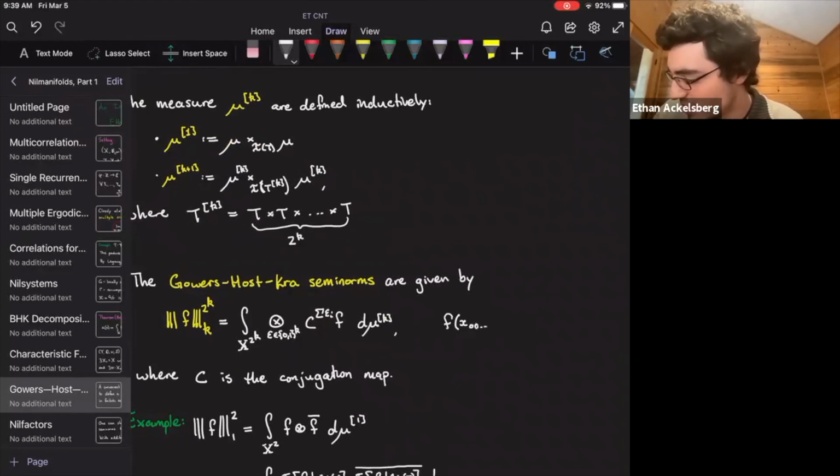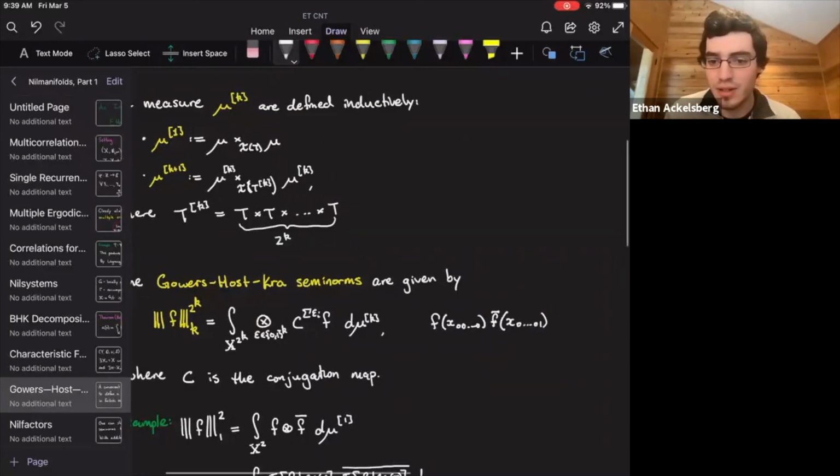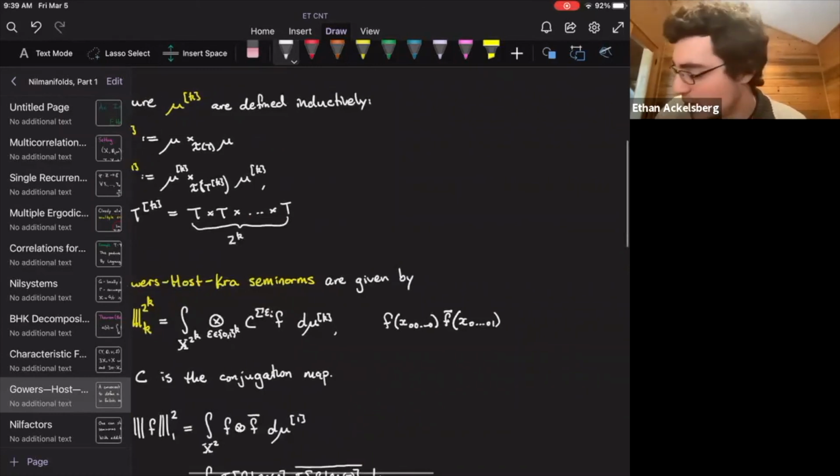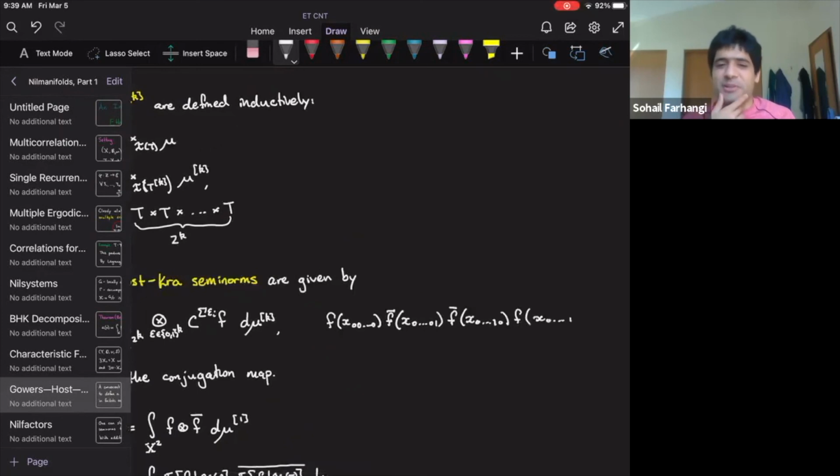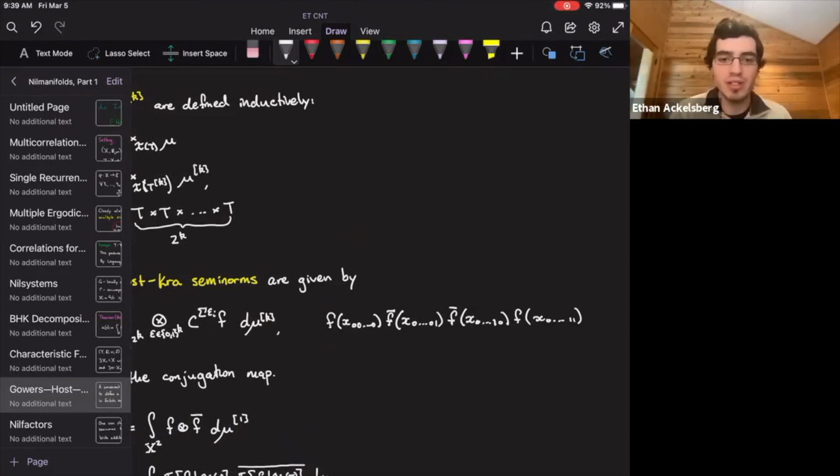So we do F of X at all zeros, F bar of X at this binary sequence, and then F bar of X at a bunch of zeros, a 1, 0. Okay, that actually makes a lot of sense. I feel a little embarrassed that I didn't interpret that part, but yes, they're all defined on different variables that I'm indexing by binary sequences, and I conjugate if there are an odd number of ones in the binary sequence. Okay.